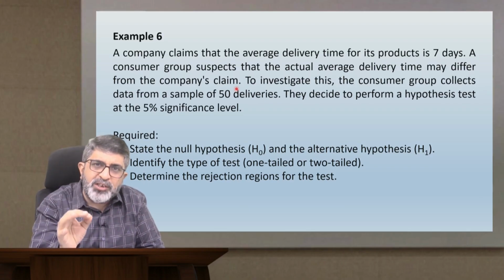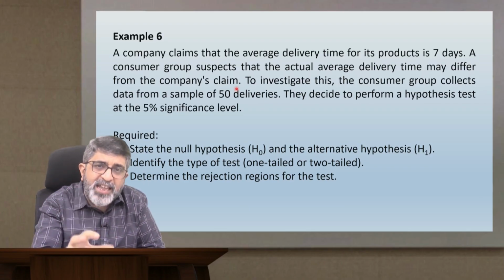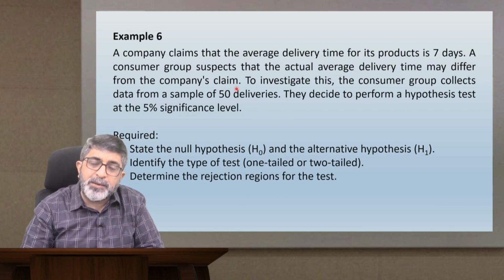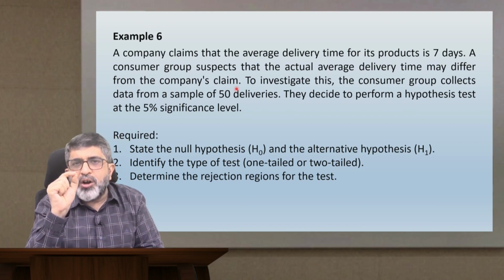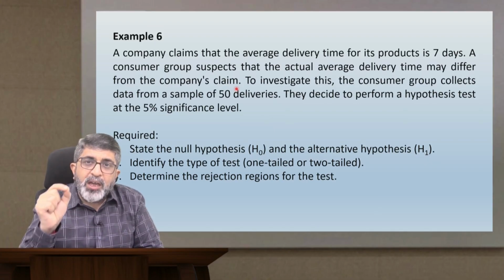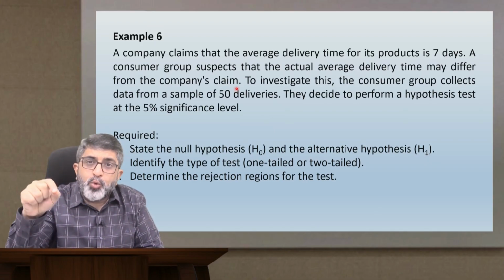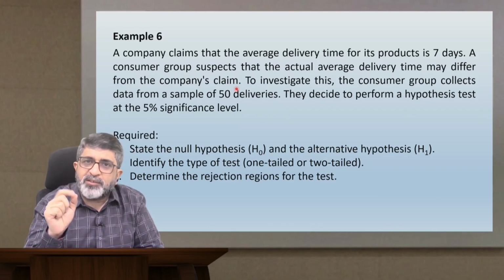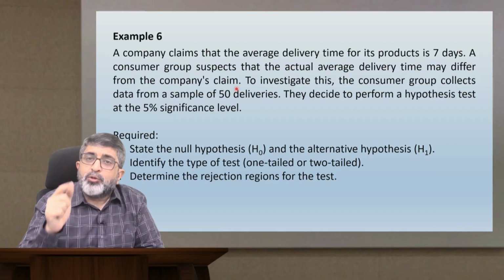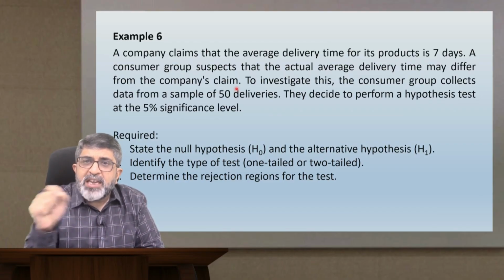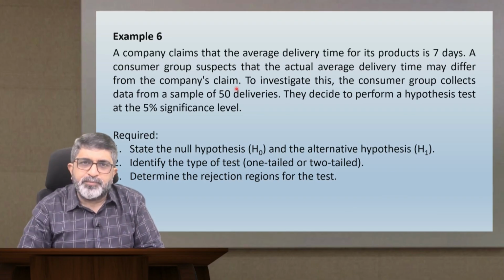It simply mentions that the days are not matching with the claim made by the company. As a result, the alternative hypothesis here will be H1: mu not equal to 7 days. The null hypothesis will follow the opposite, so H0 will state that mu equals 7 days.